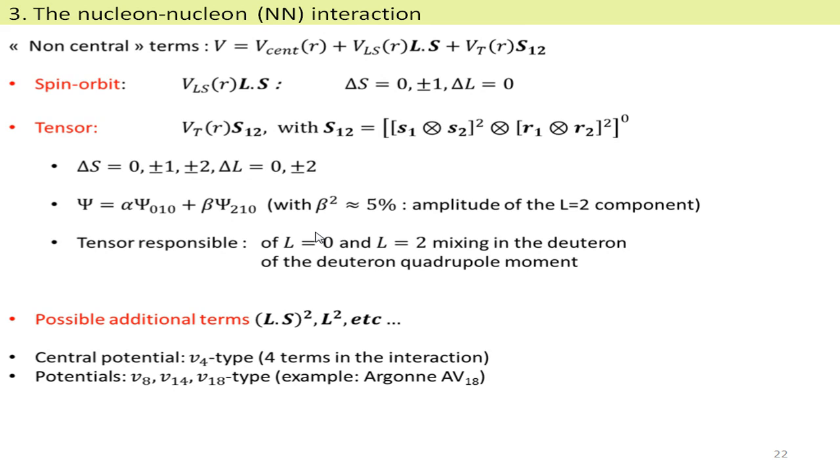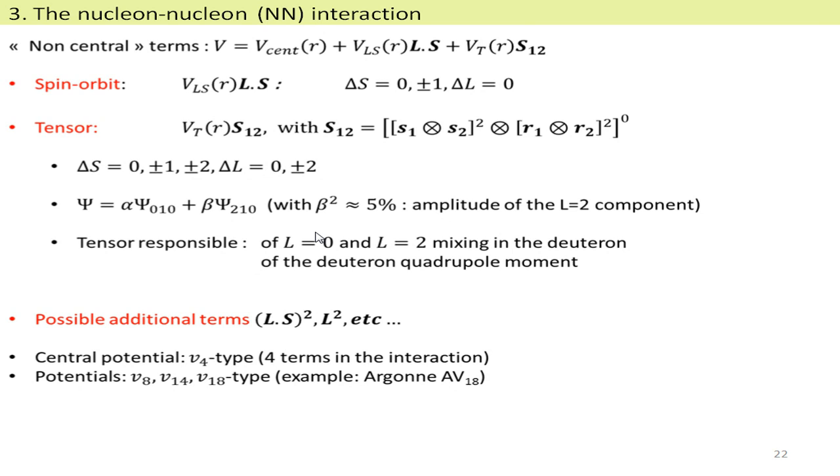So the spin orbit term includes the product of angular momentum, the scalar product L times S. So here you see you may have a change in the spin. The tensor force is a little bit more complicated. The operator is written here, it's S12. So you have the coupling of the two spins to an operator of rank 2, and here rank 2, and the total is coupled to 0.